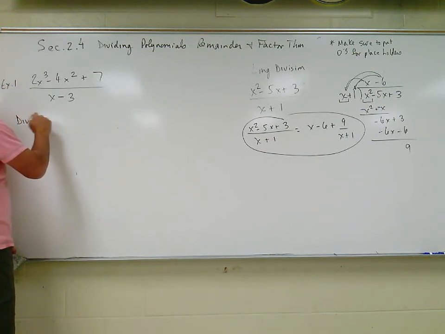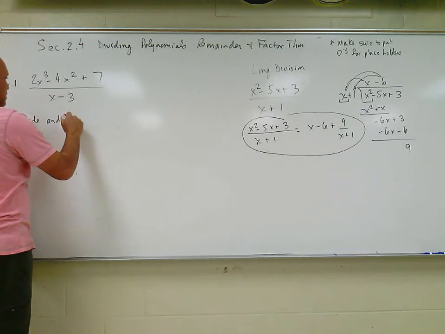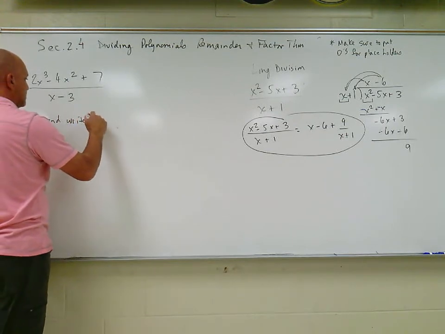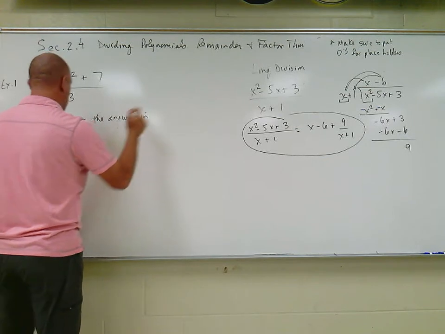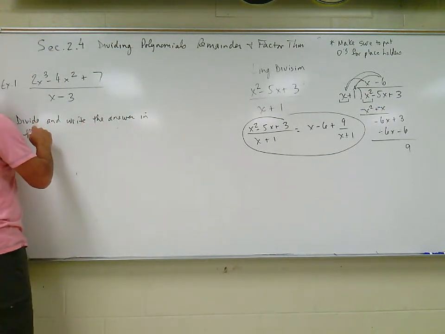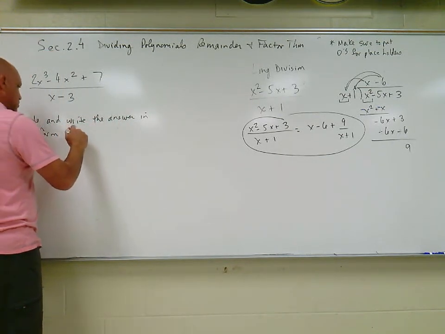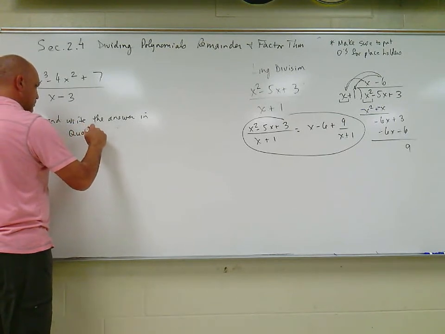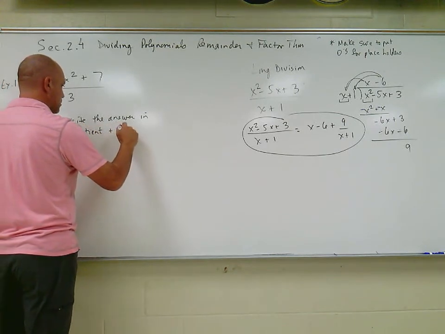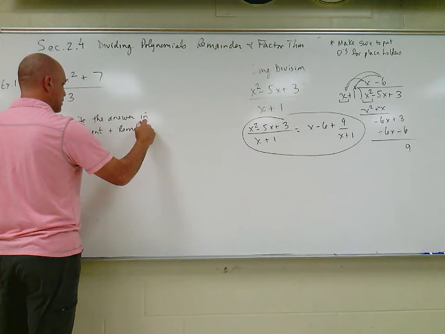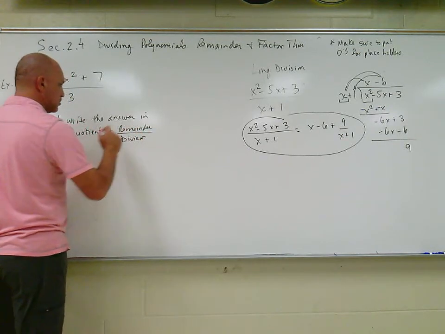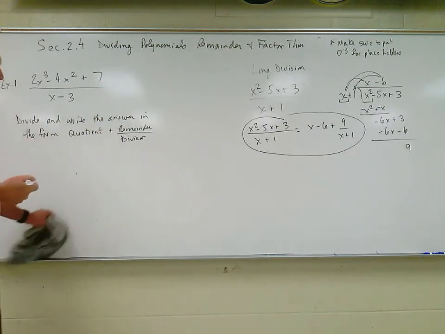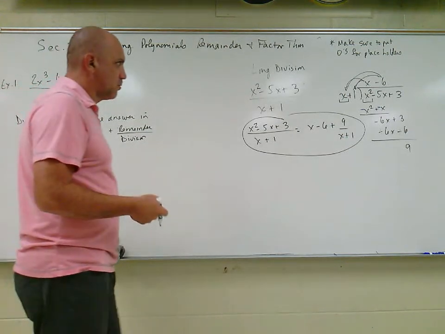Divide and write the answer in the form quotient plus remainder over divisor. All right, take a second, see if you can do this one. Use long division, then we'll transfer over to synthetic.